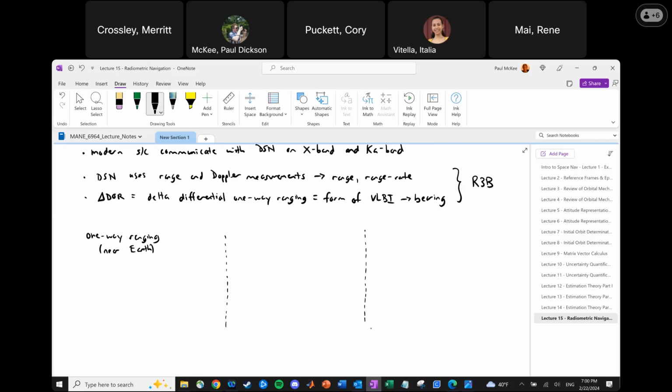The second is two-way ranging, which is Jupiter and beyond. And the third is three-way ranging, which is Pluto and beyond.